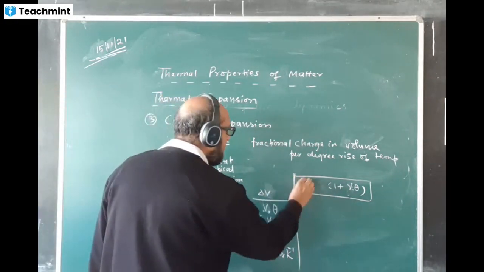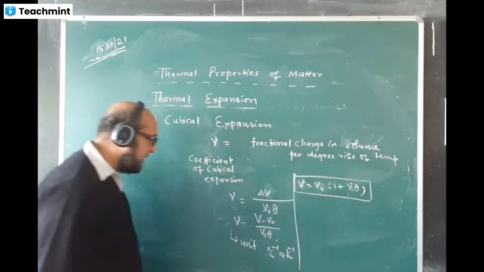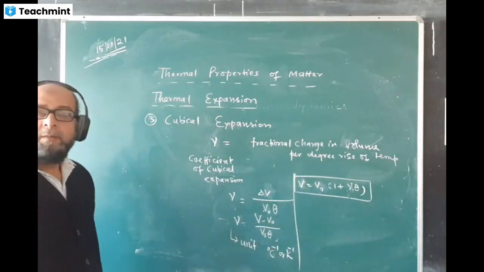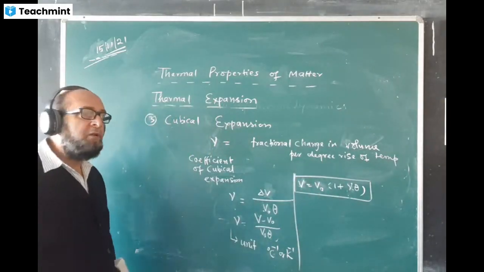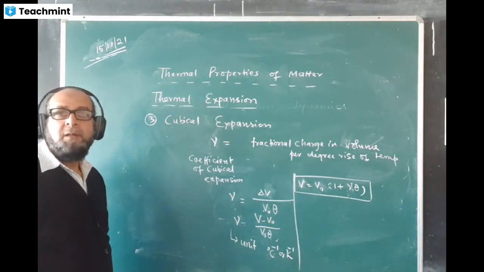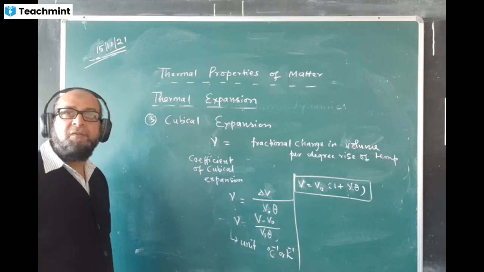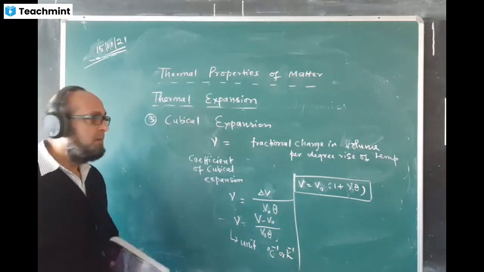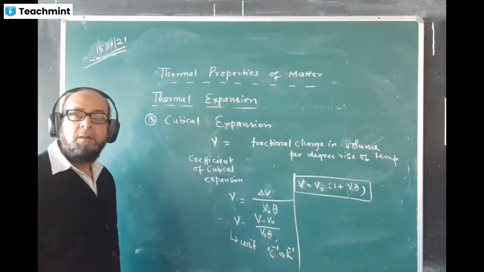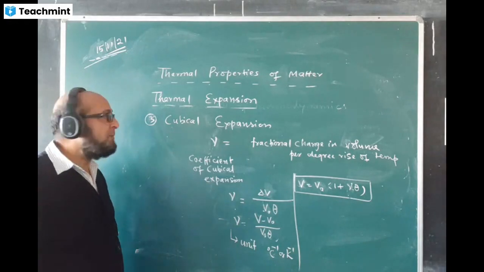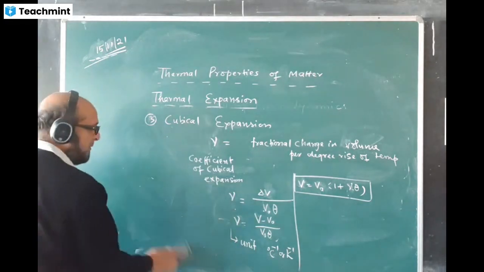So this is volume, so V equal to V naught 1 plus gamma theta. If you know one definition, you know all the three. So how many types of coefficients of expansions are there? 3 of them, alpha, beta and gamma. Okay? We have 3 types of expansion, alpha, beta and gamma.